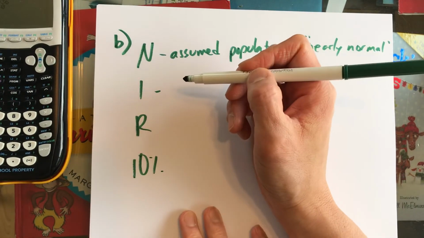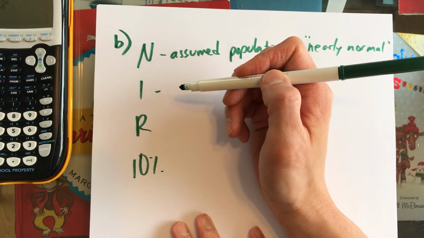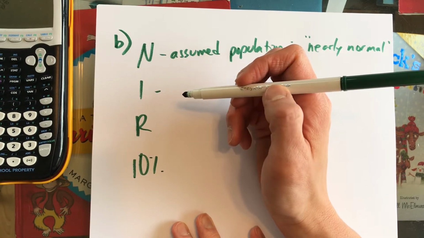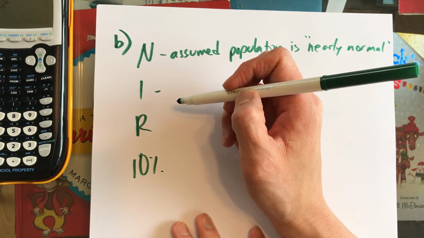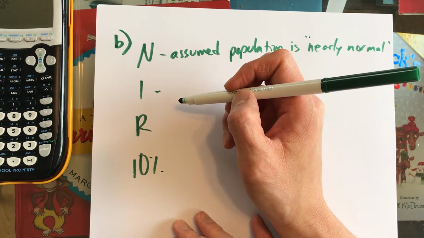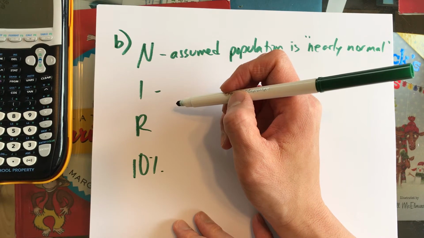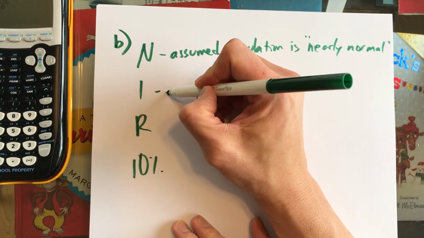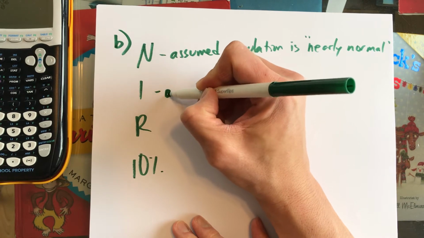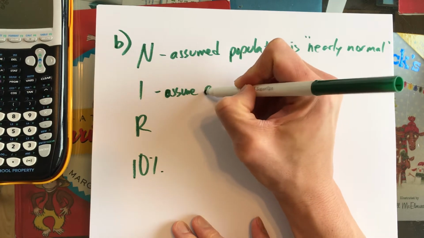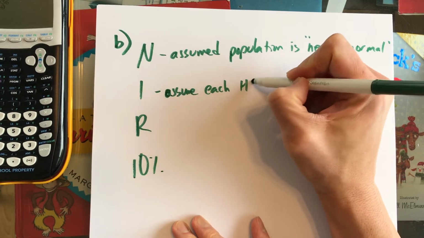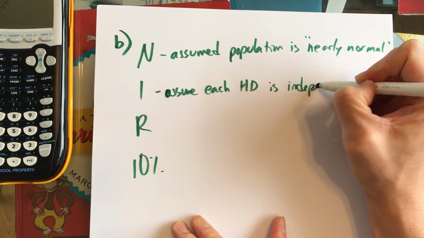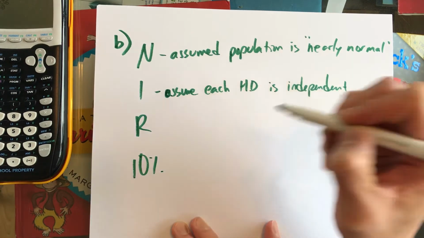Independence, do we know that hot dogs are independent? You know, the hot dogs could have been made at the same factory by the same maker using the same meat. You guys know what hot dogs are made out of? It's like, never mind. You can look that up yourself. We assume each hot dog is independent. So basically, we assumed everything, right?